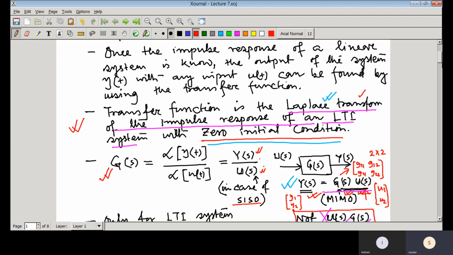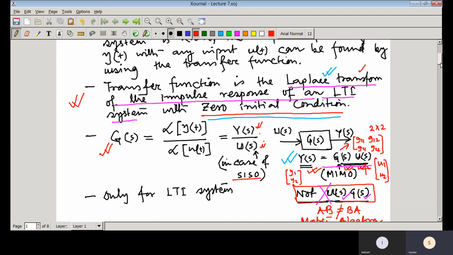As I have pointed out, the transfer function is also applicable for multi-input, multi-output systems. So the general definition is the Laplace transform of the impulse response of an LTI system with all zero initial conditions. That means if you consider some non-zero initial condition, you cannot have transfer function modeling.